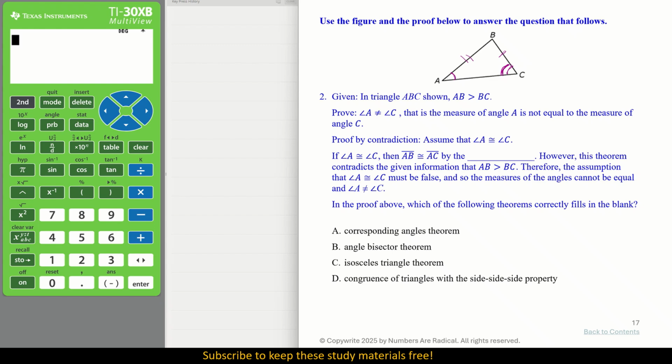Prove by contradiction, assume that angle A is congruent to angle C. Absolutely, that makes sense. And that is how you would start. If angle A is congruent to angle C, then that means that segment AB is congruent to segment AC.